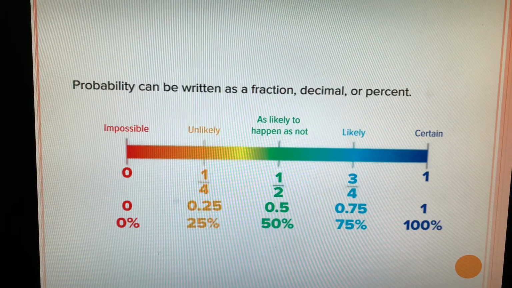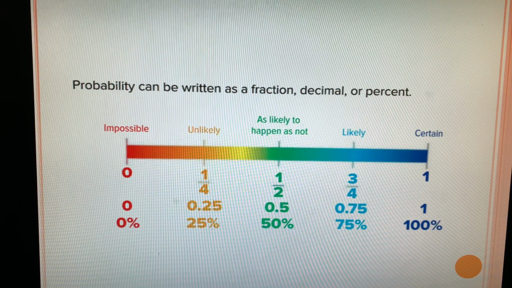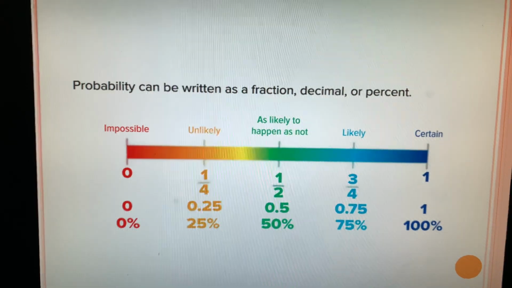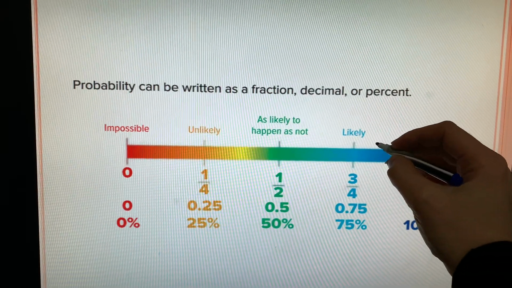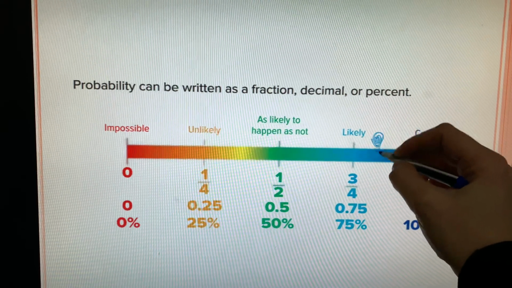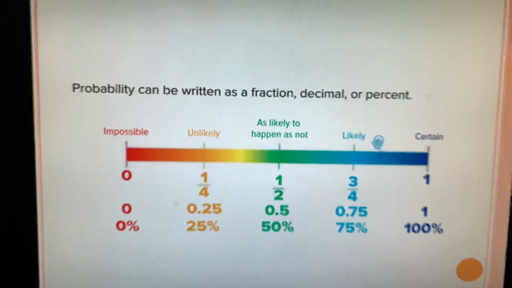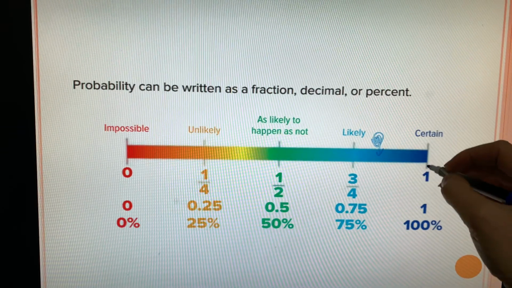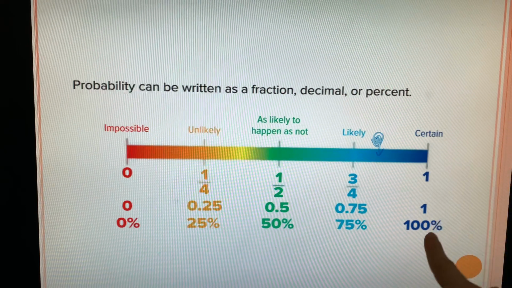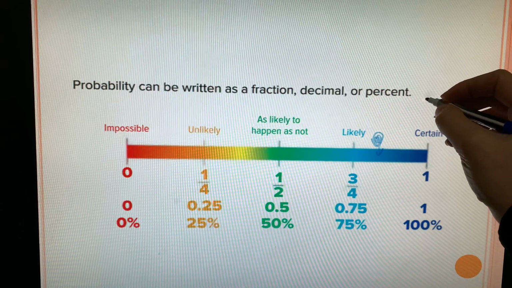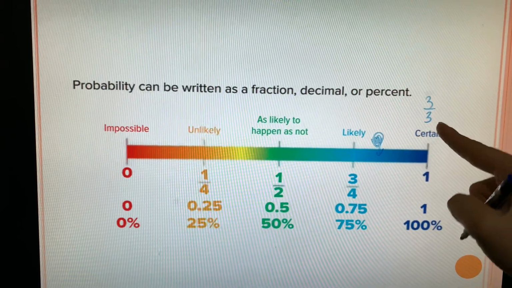So let's make this a little more clear. When we work on getting the probability of an event happening, we usually start with a fraction. So let's assume that our fraction ended up somewhere over here. That means that the probability of that event happening was very likely. The closer it gets to the 1 whole, the closer we are to 100% of that happening. Remember that you want the fraction to be, for example, 3 over 3. 3 over 3 equals 1.